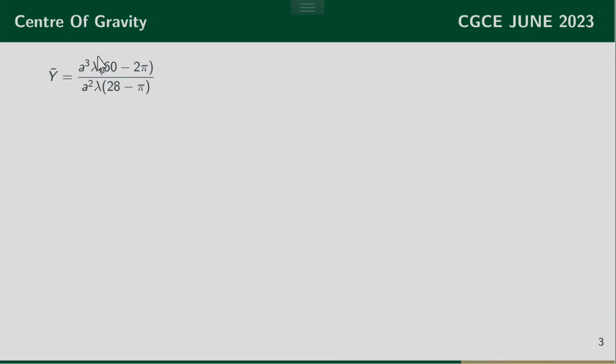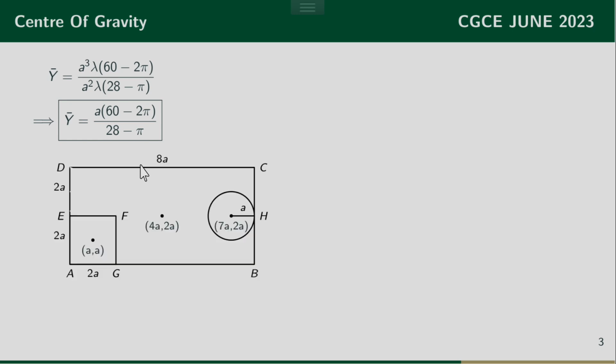And I get this: lambda takes care of each other, a squared goes into a cubed a times, and y bar will be a into 60 minus 2 pi divided by 28 minus pi. So I have had the centroid of the remaining lamina. I have the x coordinate and the y coordinate, x bar and y bar.